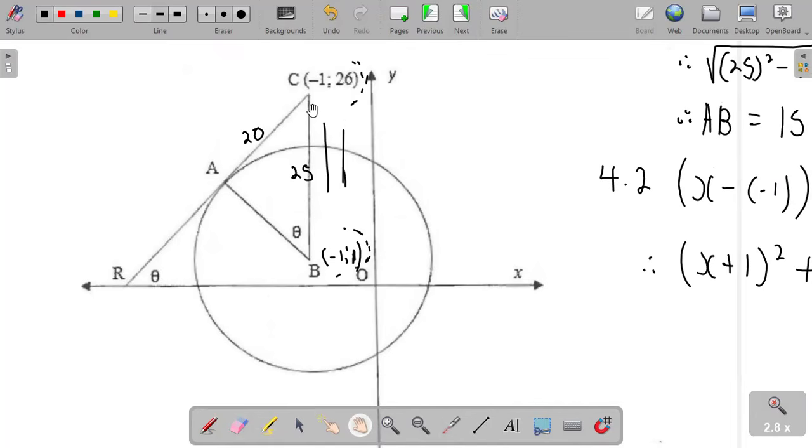Okay, we know the coordinates for C. Do we know the coordinates for A? We don't know them, but we know the length.